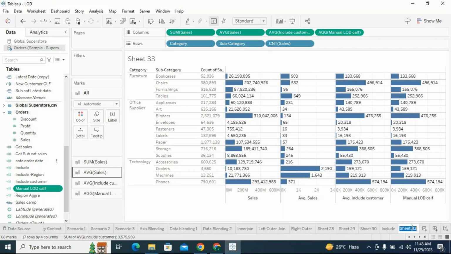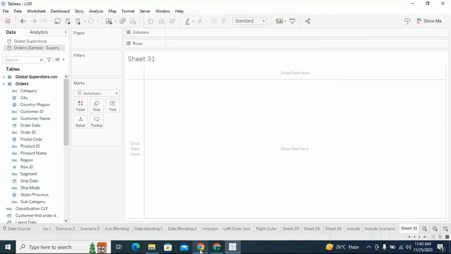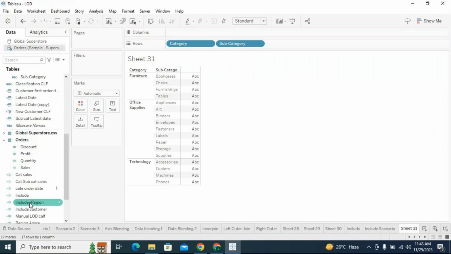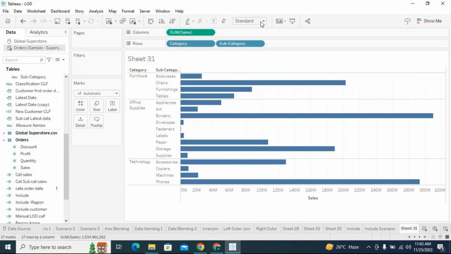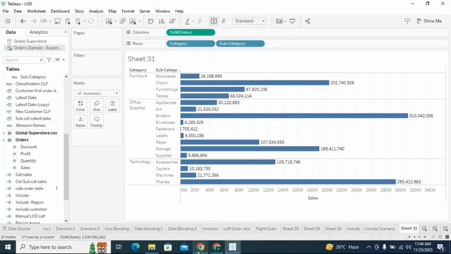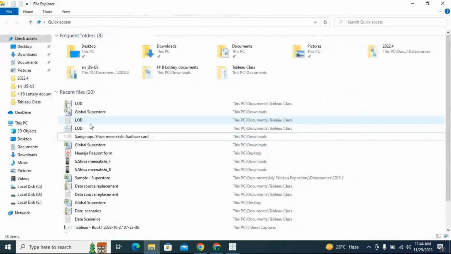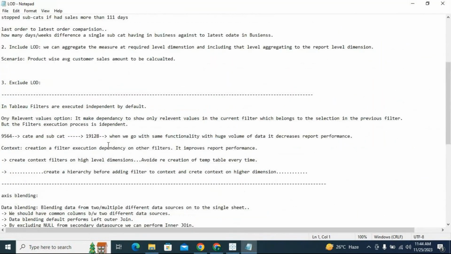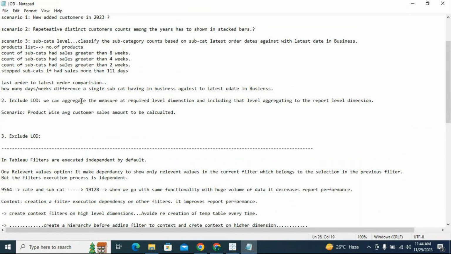Similarly, we can also write an LOD for exclude. We can aggregate the measure at the required level dimension and include that level of aggregation into the report level dimension.